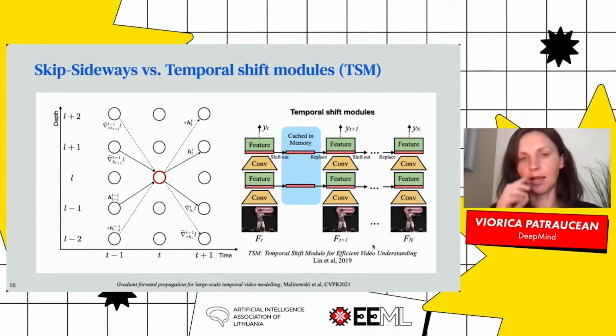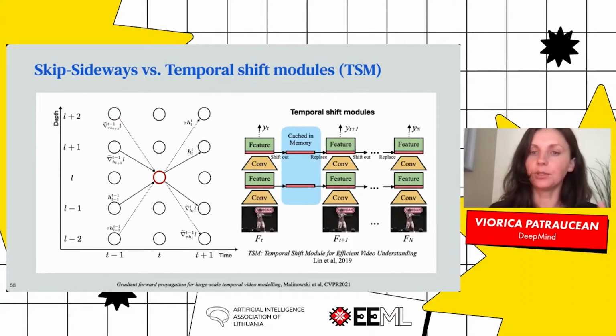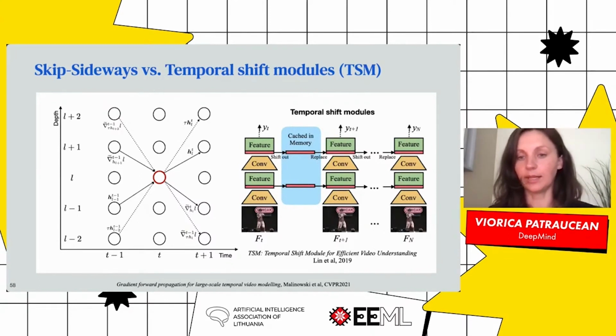As I said, they have to do this shift manually. Whereas in our setting, on the left that you see here, because we have this pipelining of operations, and we always send all the information forward in time, when we add the skip connections, this combination of features that originate in frames from different time steps occurs naturally. So we don't need to do this by hand. And importantly, it doesn't require any additional buffering.